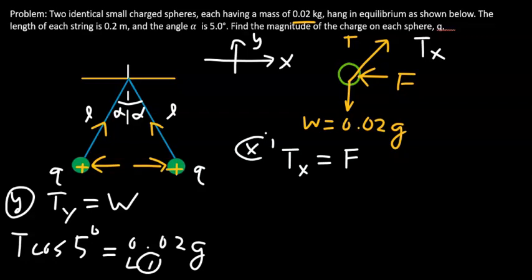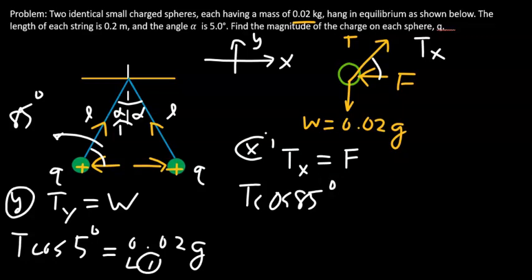Now what is the x component of the tension? It is the tension times the cosine of that angle. If alpha is 5 degrees, then this angle here is 90 minus 5, which is 85 degrees. So T sub x is T cosine 85 degrees.